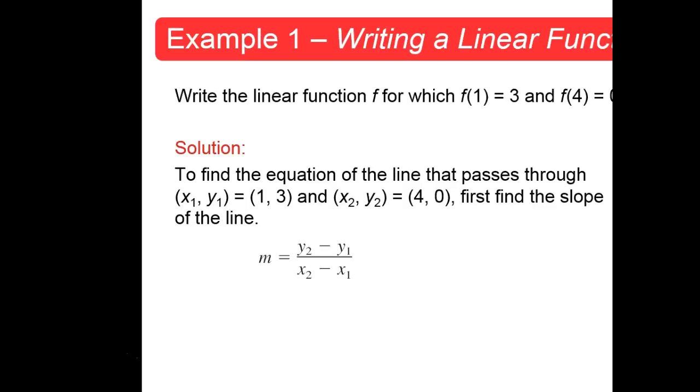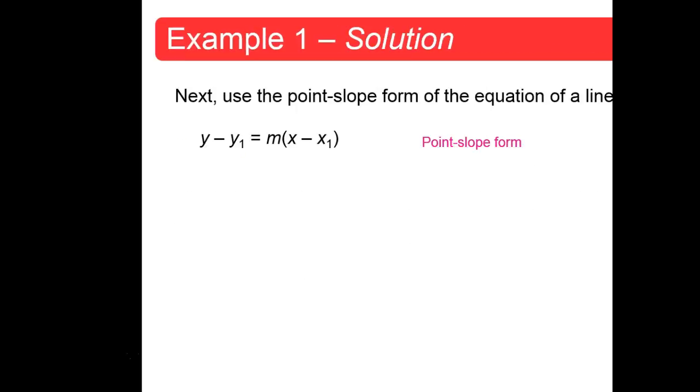So if you do 0 minus 3 divided by 4 minus 1, you get -3 over 3, which is -1. And let's see if that's how they did it. Yep, 0 minus 3 divided by 4 minus 1, -3 over 3. It's a -1 slope. We've done it 3 different ways, and I always came out with that. Must be right.